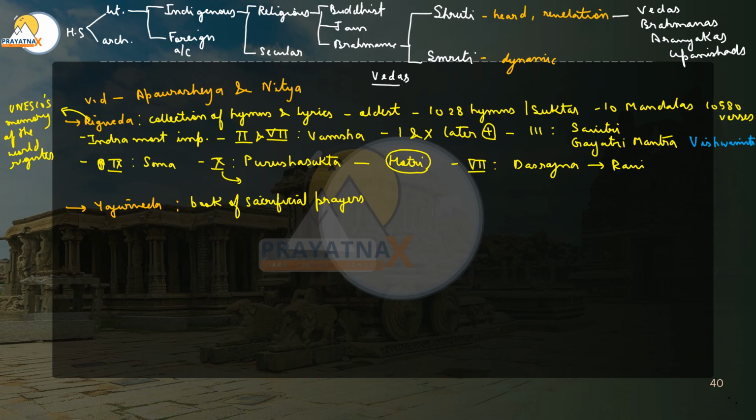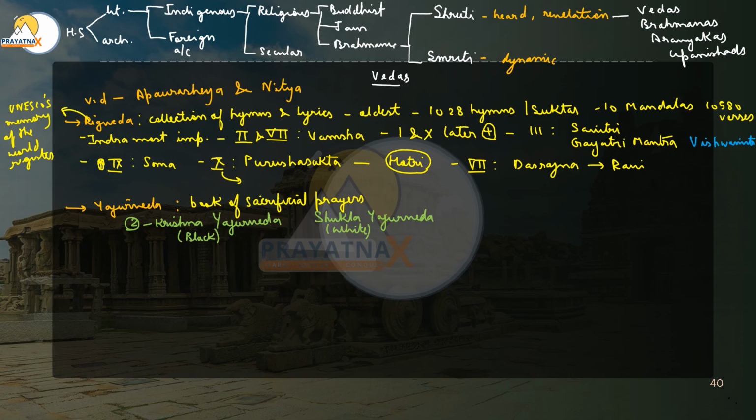It had two parts: the Krishna Yajurveda and Shukla Yajurveda. Now, this was called as black and this was called as white.